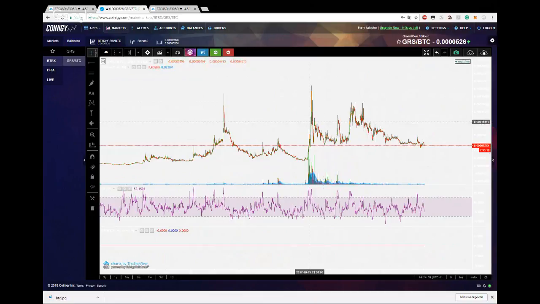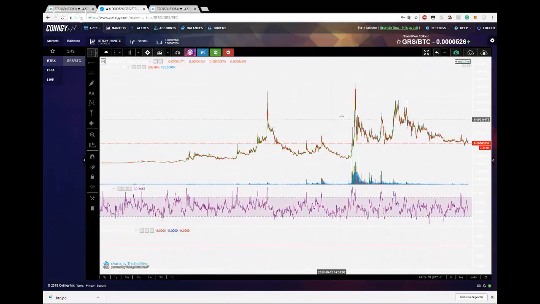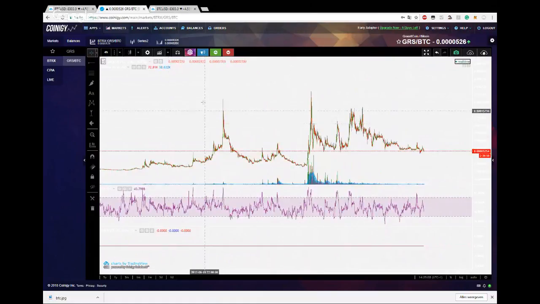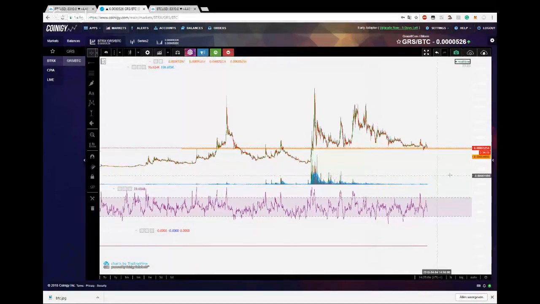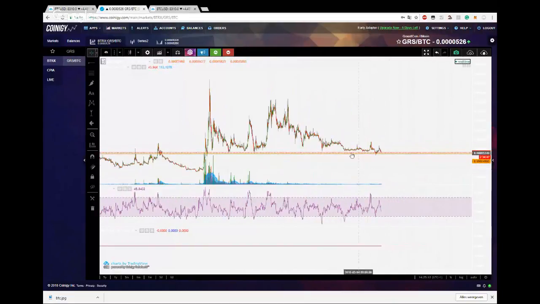I believe that a whale is just messing around here. Obviously, it's a tiny market cap coin, and there is not much sense to be made from this, other than there is support at about 5,000 sats, which is the price right now.